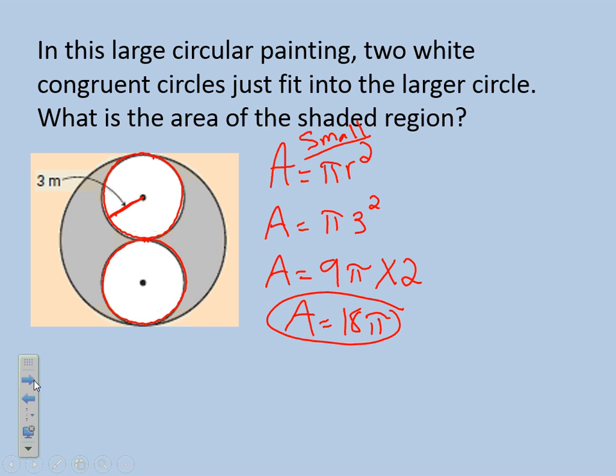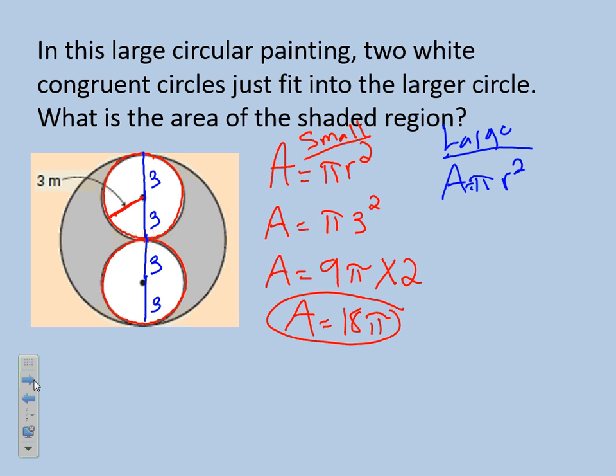Now if I decide to do my large circle, it's very important that I know the radius. So if I look at this circle, I know the radius of the small one is 3. So that's 3, that's 3, this is 3, and this is 3. I can do 3's all the way across.